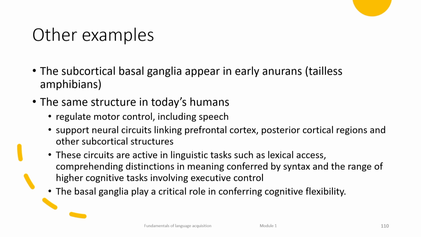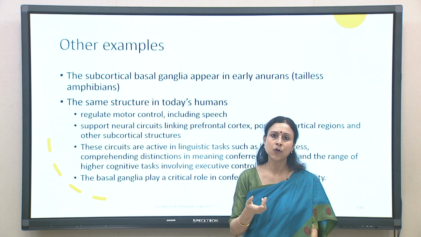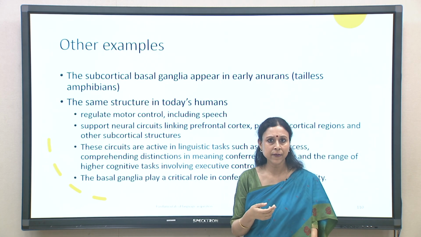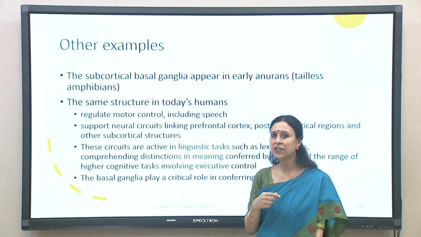These circuits are active in linguistic tasks such as lexical access, comprehending distinctions in meaning conferred by syntax, and a range of higher cognitive tasks including executive control. The basal ganglia play a critical role in conferring cognitive flexibility. So, these structures go back all the way to the tailless amphibians, but in humans the functions are like this.